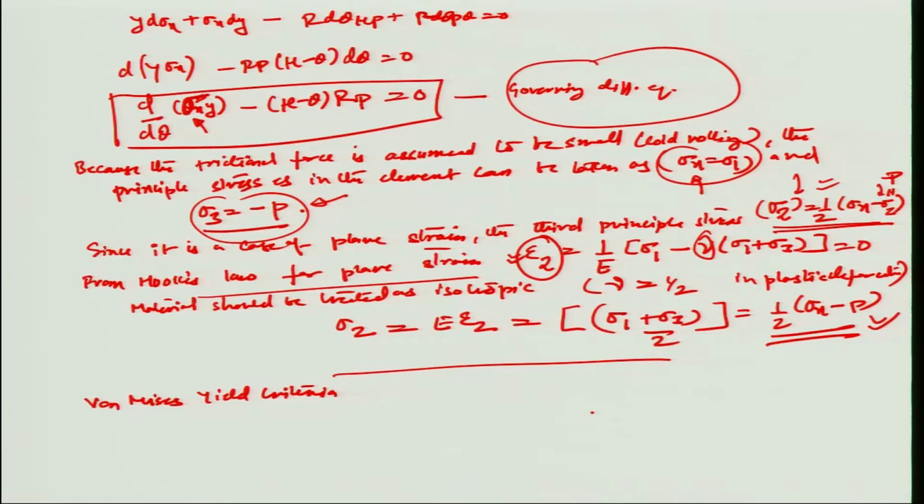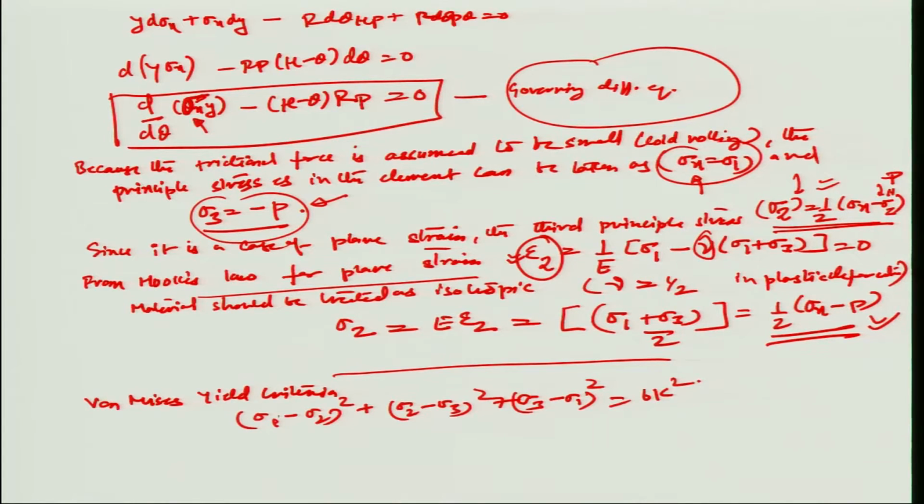The criterion says (sigma 1 minus sigma 2) whole square plus (sigma 2 minus sigma 3) square plus (sigma 3 minus sigma 1) whole square should be equal to 6k square. I think I had evaluated this condition earlier, looking at the strain energy model or the deformation model.